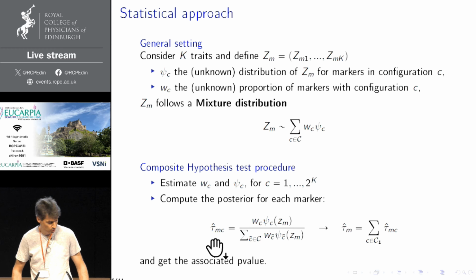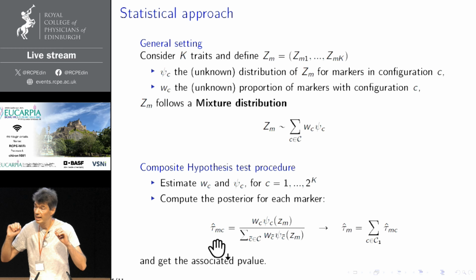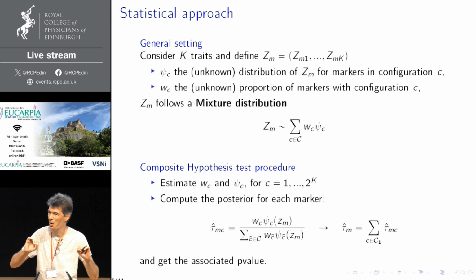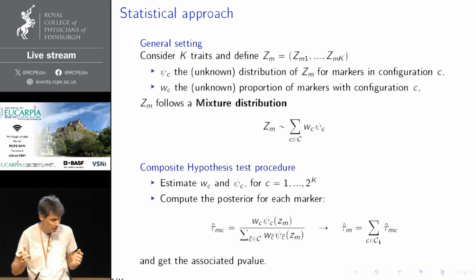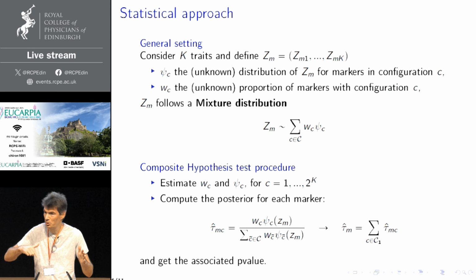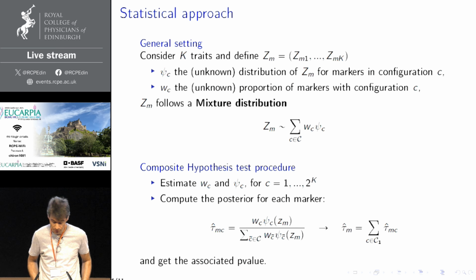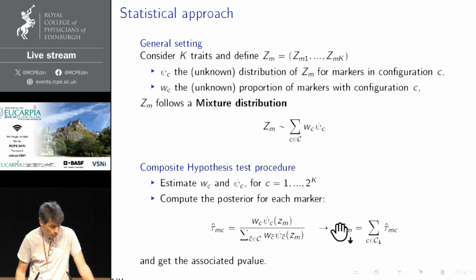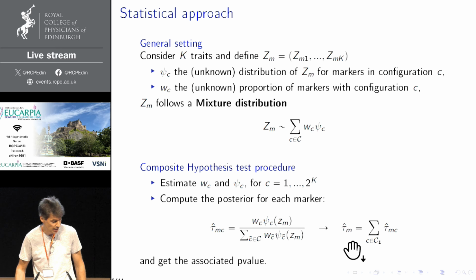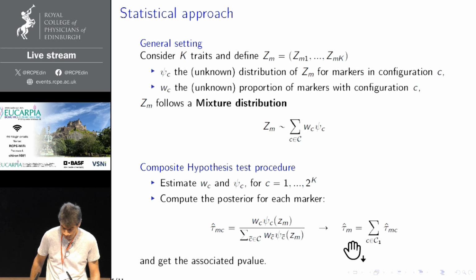Once we have these posterior probabilities, you have to remember that some of the configurations are of interest for us, some not. So you will just sum the posterior probabilities of all the configurations that correspond to C1. If you do that, you get the posterior probability of marker M to belong to C1, so to be under H1 basically. And once you have this, you can get the associated p-value and you have your test.